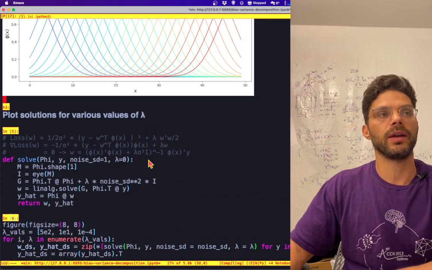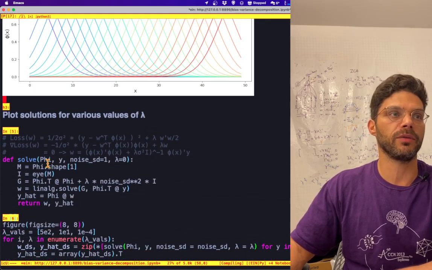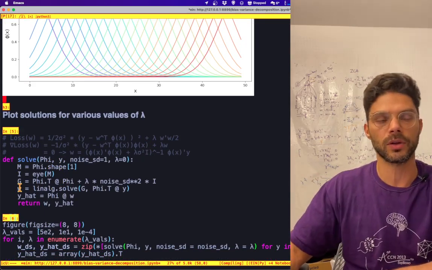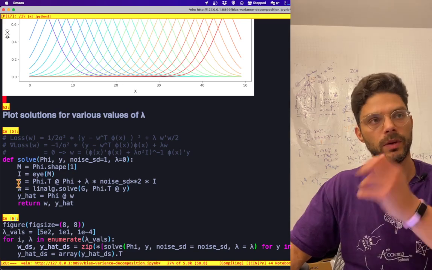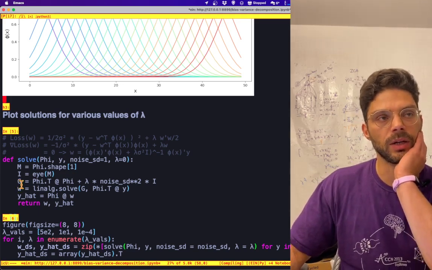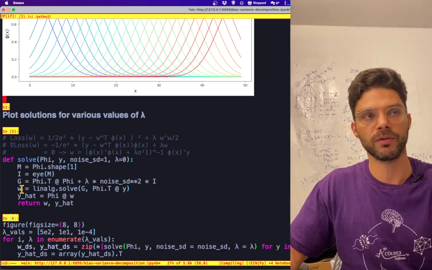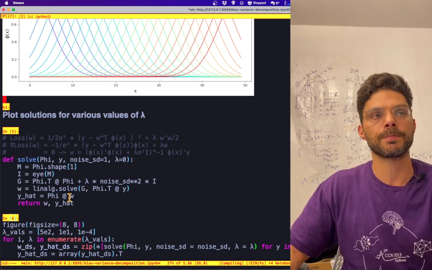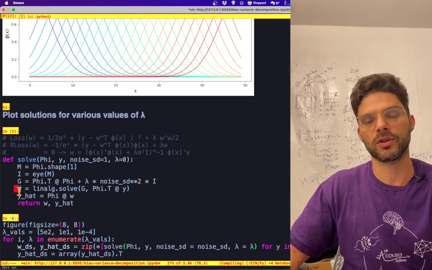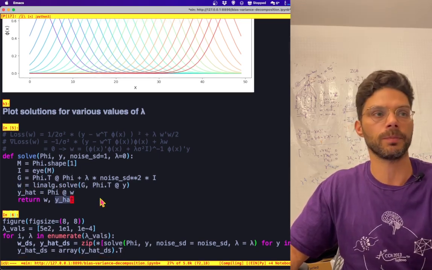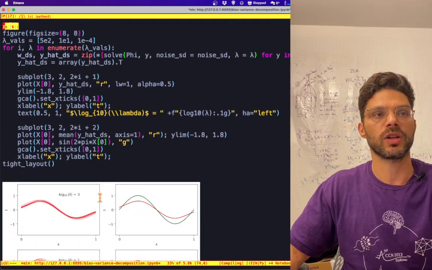Okay, so now we've got the code that actually figures out what W is. You have to go back to the previous section to determine how to produce W, but it was just phi transpose phi, all that stuff. So this function gives us both the weights and our prediction.